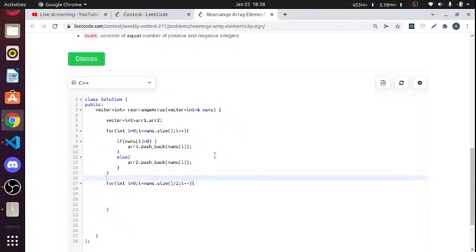And let's create a vector of answer. So here is an answer vector, and let's push its value. It should be positive, so let's push the value of the positive array first, and then the negative one like that, and then simply return the answer.